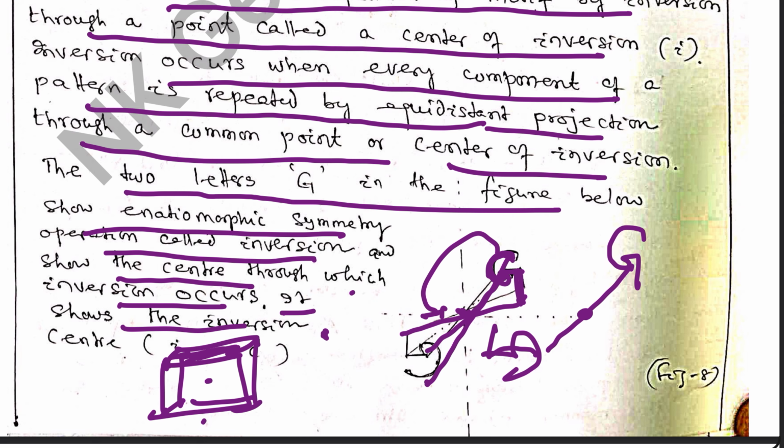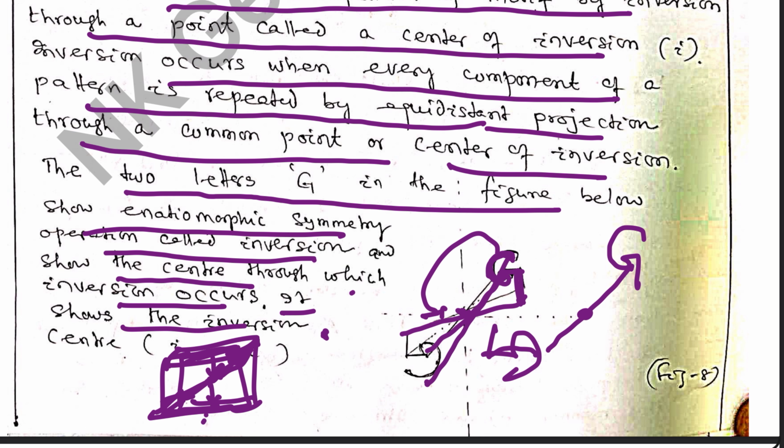If this is a face, this is the distance. At this distance, another face is occurring. This is the corner. This is the distance. At the same distance, another corner is appearing. This is the edge. This is the distance. Similarly, another edge is occurring at the same distance on the opposite side.